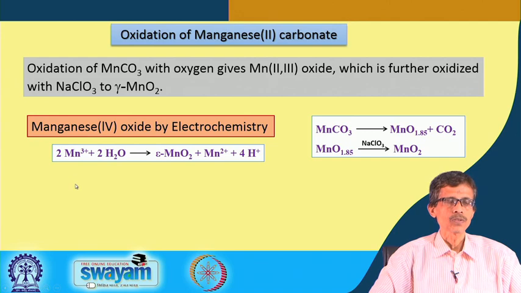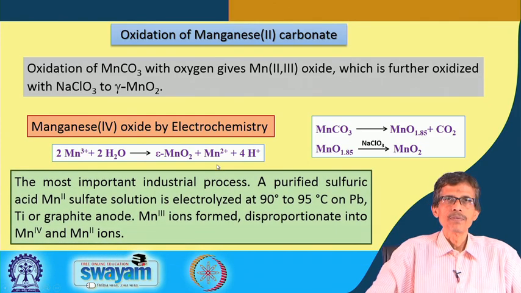So, Mn3+ in solution in presence of water, if we are able to electrolyze it, then 50% of it forms MnO2 epsilon variety, and another 50% goes to manganese in the bivalent state. This is the most important industrial process, because whenever we use an industrial process based on electrolysis, the purity is comparatively very high, and we use purified manganese sulphate solution.